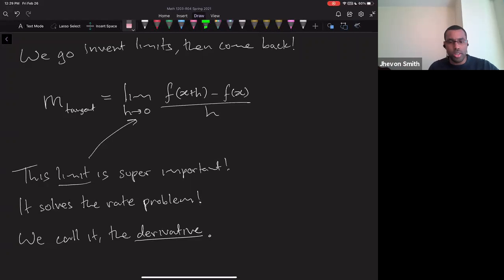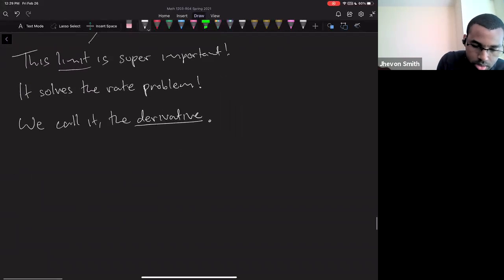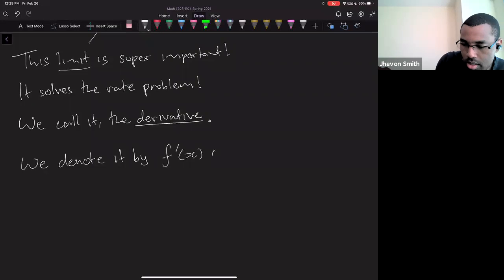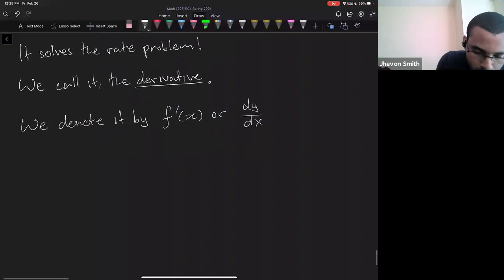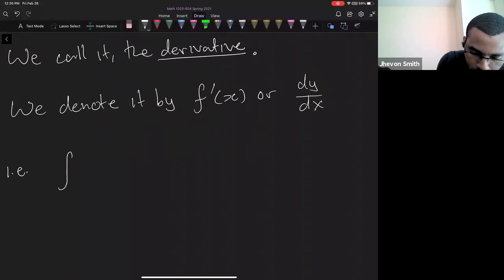So I just introduced the derivative, and I'll tell you the notation. We denote it by f prime of x or something like dy dx. I just defined something for you that, given a function f of x, tells you how to find the slope at any point of that function.